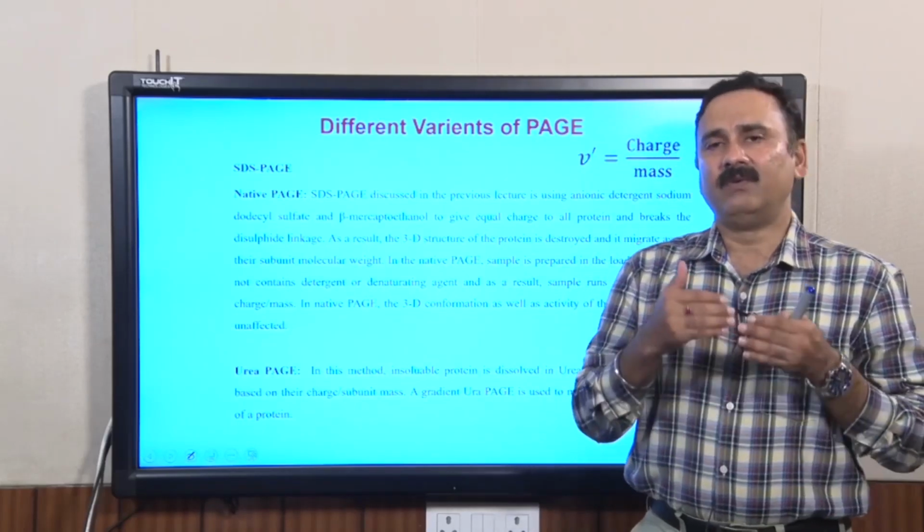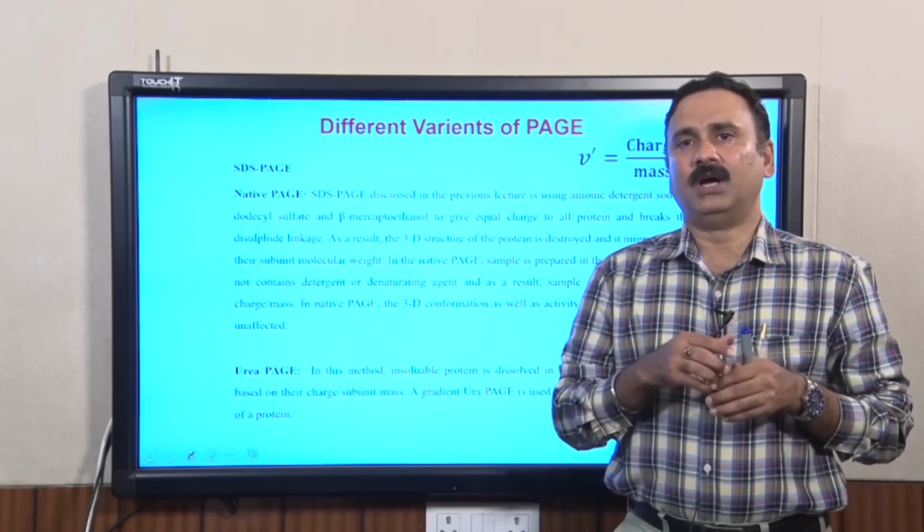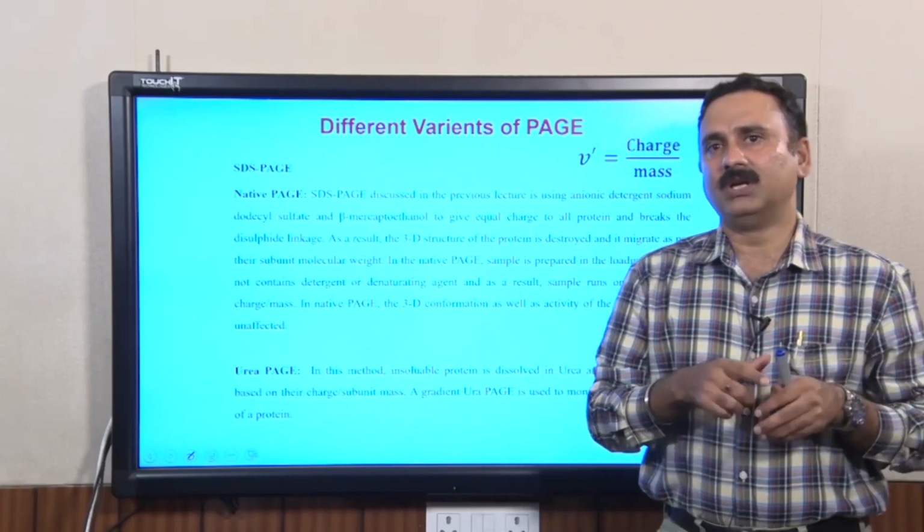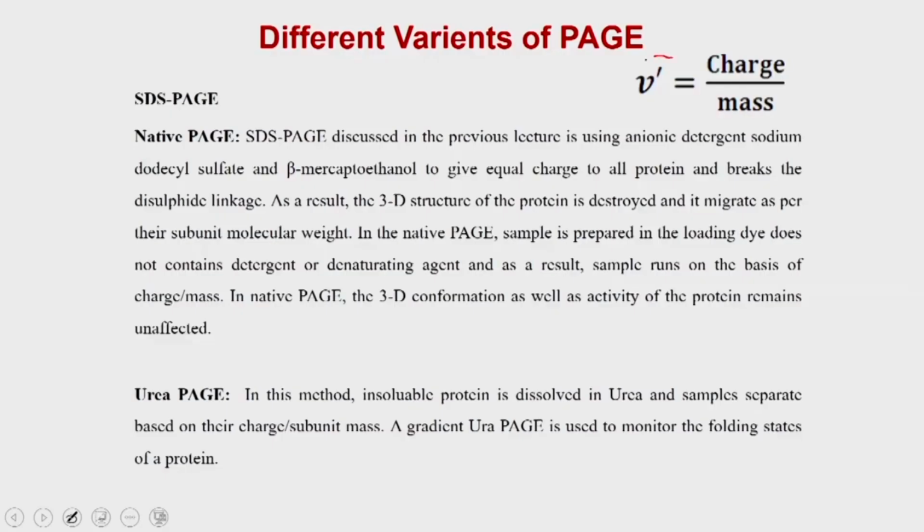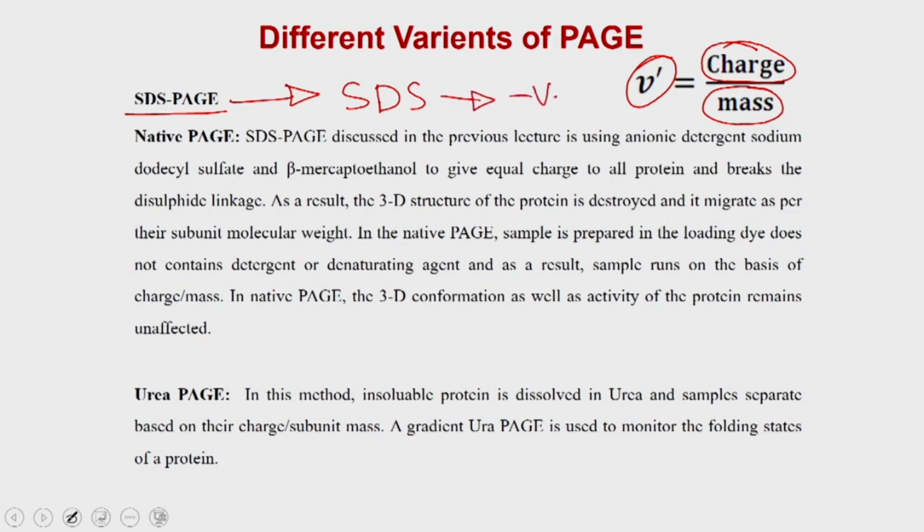Because of that, when you are performing the SDS page, as we discussed in the previous lecture, the electrophoretic mobility is directly proportional to the charge by the mass. But within the SDS page, the SDS gives the negative charge to the protein, so the charge portion is going to be equal for all the proteins. As a result, when you perform the SDS page, first of all the protein's three-dimensional structure is going to be broken down.